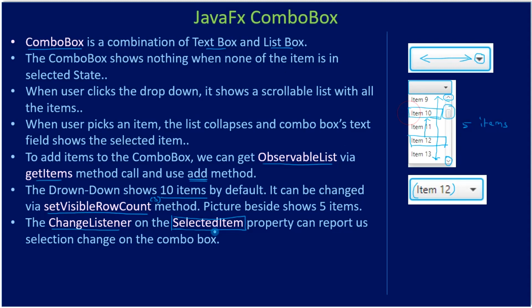By making use of the selected item property change listener, we can report what was the previous value that got stored in the selected item property and what is the current value. So that way you can say previous item was 12 and currently selected one was 10.